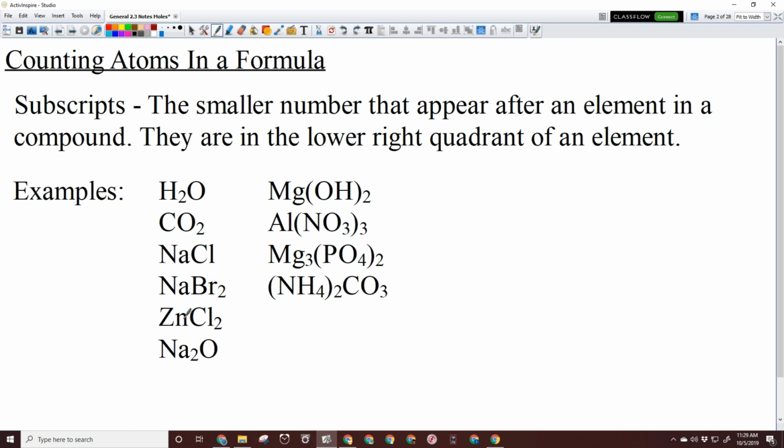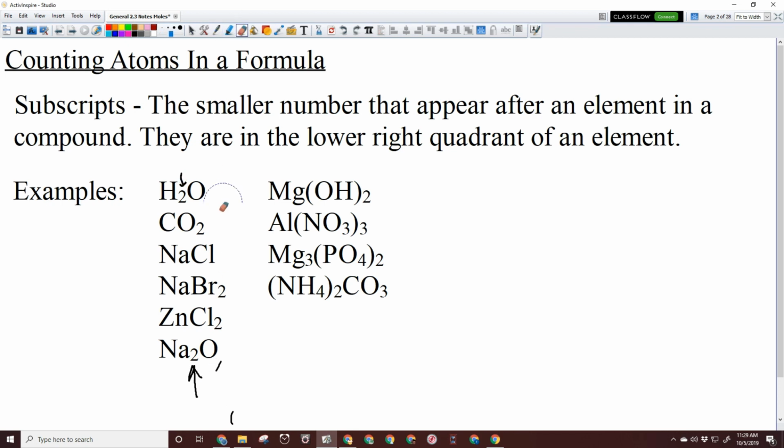Okay, how about zinc chloride, ZnCl2? We have 1 zinc and 2 chlorine atoms. Okay, so now this subscript can also come after the first element like it does in H2O up here.